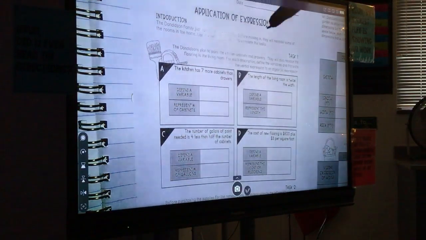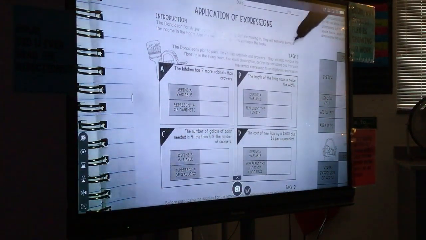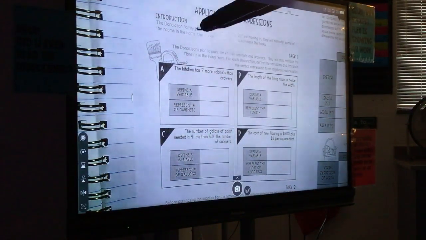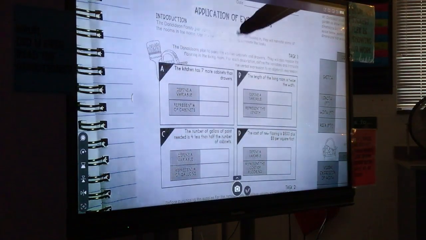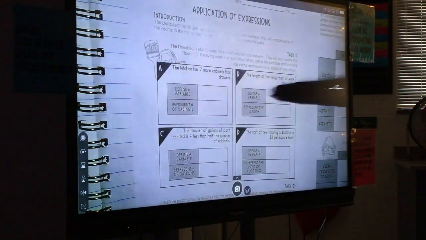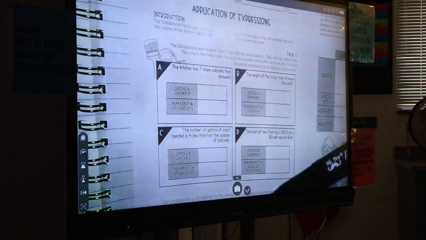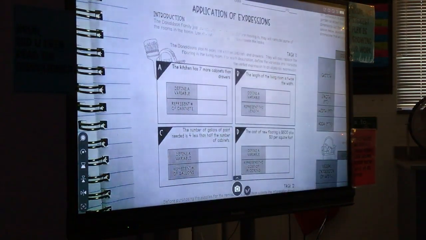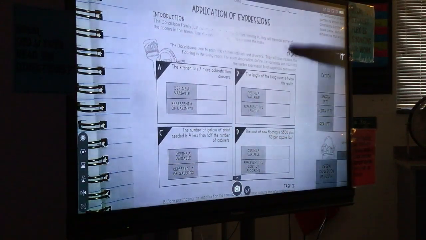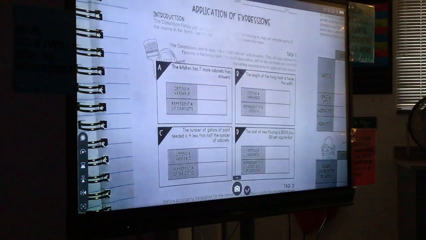Before moving in, they will remodel some of the rooms in the home. Use the information below to complete the task. Now, we are only really going to focus on task 1 and 2. Task 3 is a little bit harder, so I don't want to go too in depth right now with task 3, but we're focusing on task 1 and task 2.